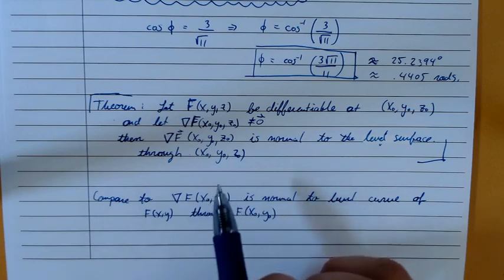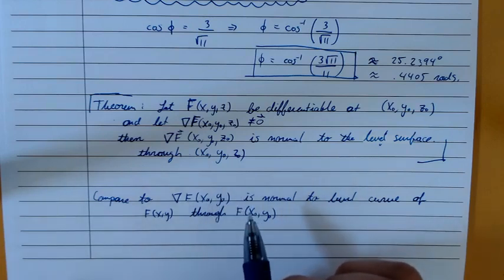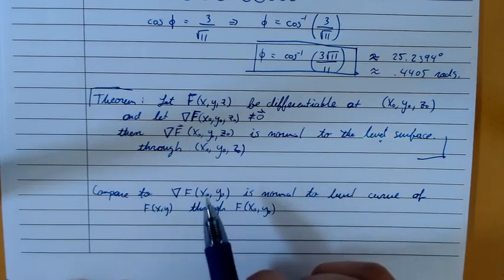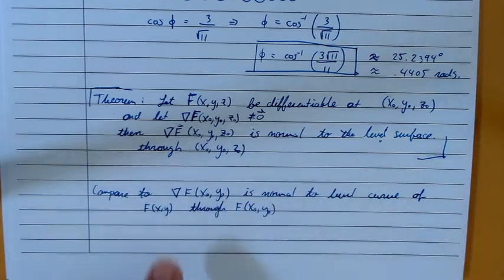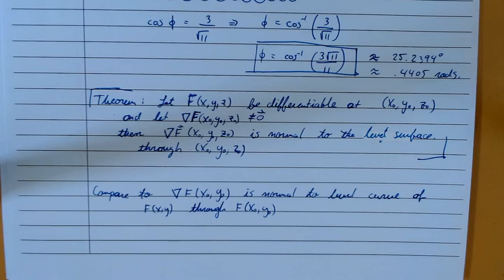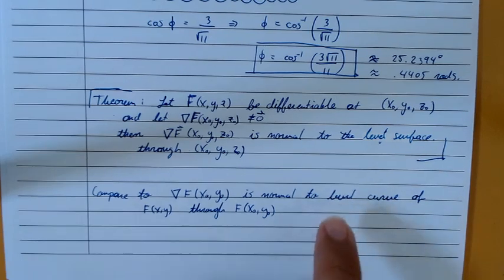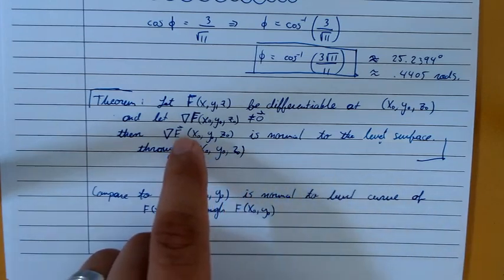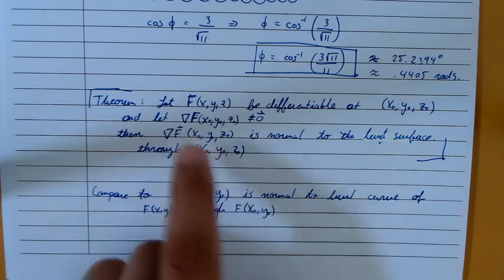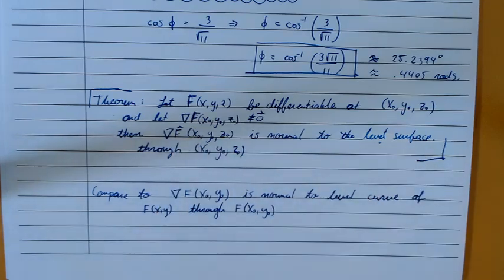But the relationship between the gradient in the plane and the level curves is the same relationship that we get between the gradient of a function of three variables and the level surfaces, right?